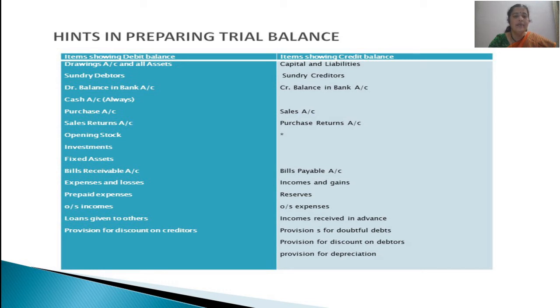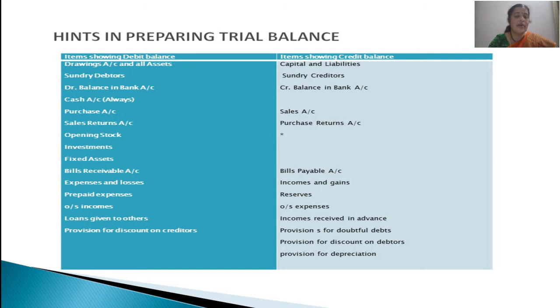And debit what comes in means assets. If we have given loan to others, it is our asset, because they'll be giving it back to us.